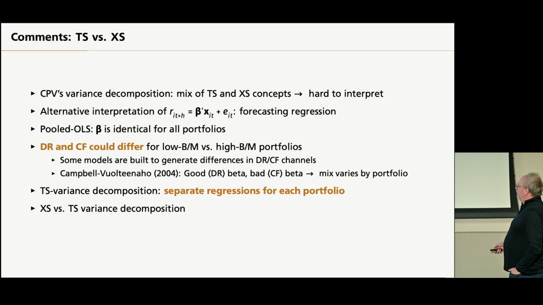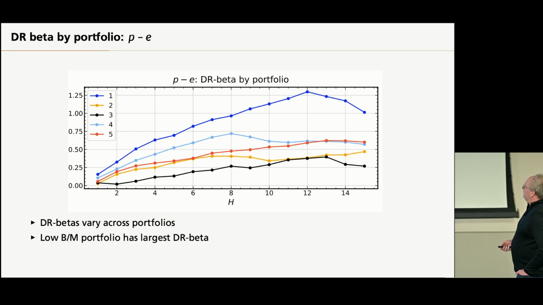There are some papers that actually exploit this difference to explain unconditional risk premia. It's this good beta paper. That's the whole idea. So what I will do next is, instead of running this pooled regression, run separate time series regressions for each of the 5 portfolios. If you do that, for the price-to-earnings ratio, you get the familiar pattern, right? This is the discount rate beta for different horizons.